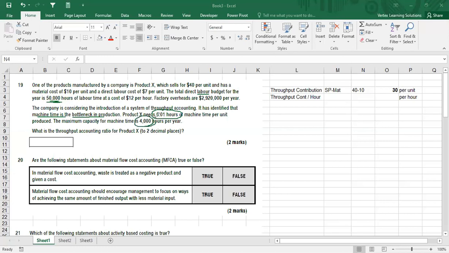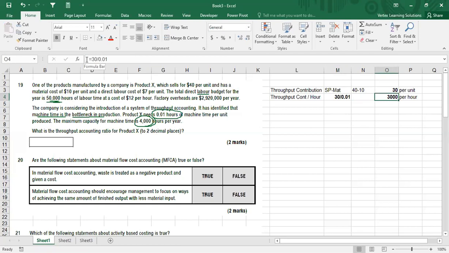So this is your bottleneck resource. So what you need to calculate here is, let's suppose that it is taking 0.01 per hour. So I'll say that my 30 divided by 0.01. Okay, if I put it here, what do I get? It makes me 3,000.